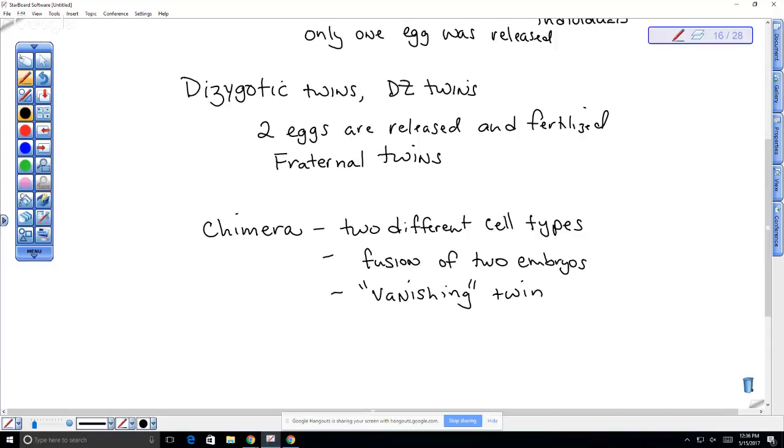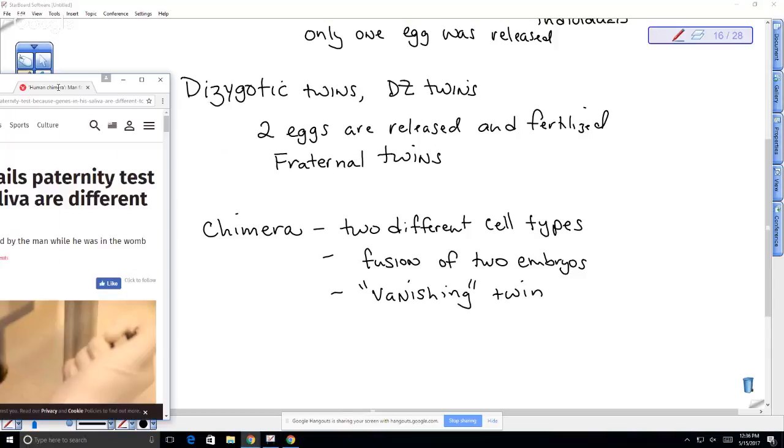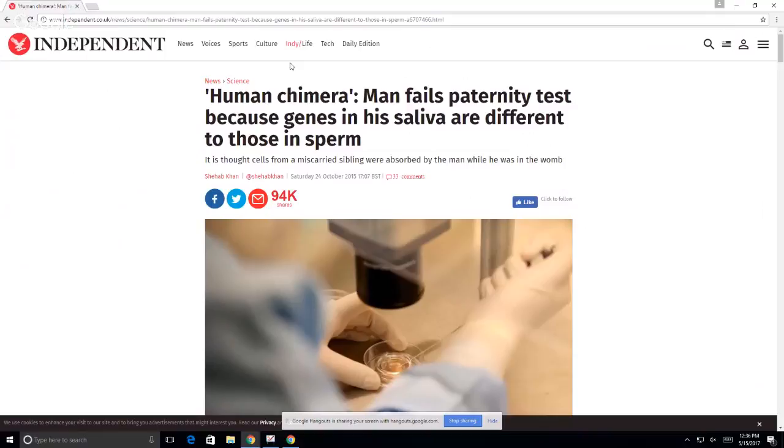So an example of this recently happened and was in the headlines, right? A man was interested in determining whether or not he was the father of his offspring because they had done in vitro fertilization. They had gone to a fertility clinic and he had provided his sperm, his wife had provided her eggs, and they had produced an offspring.